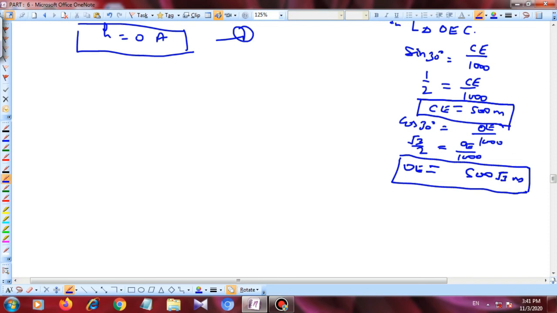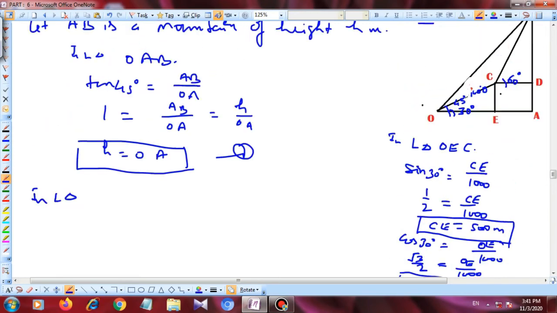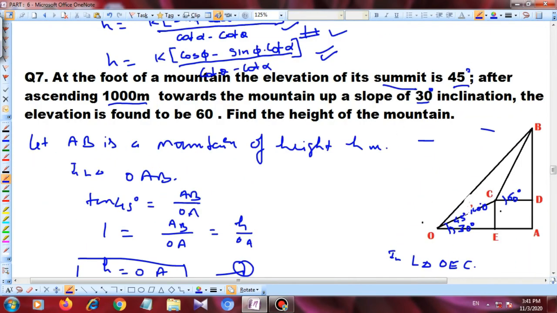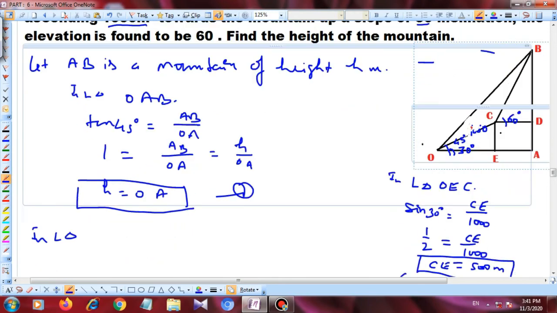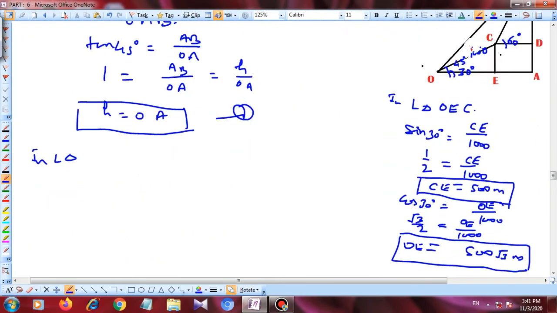Now in right angle triangle CDB, tan 60 degree equal to BD upon CD, right?